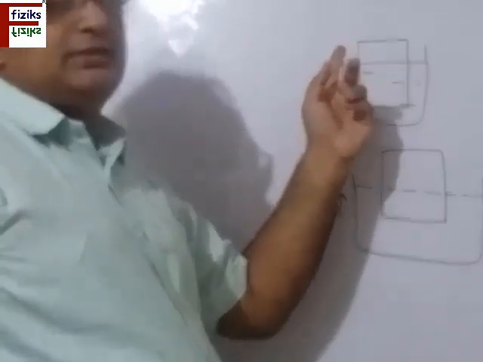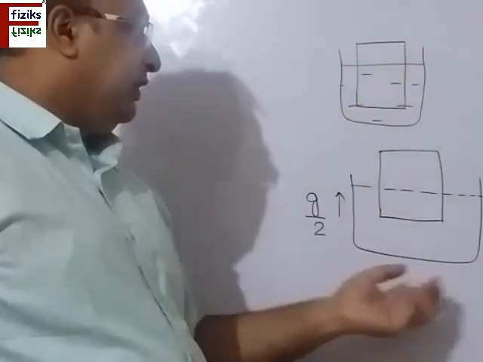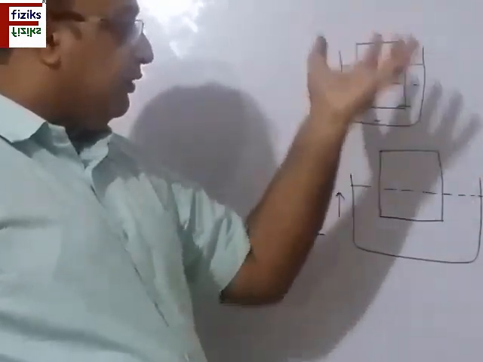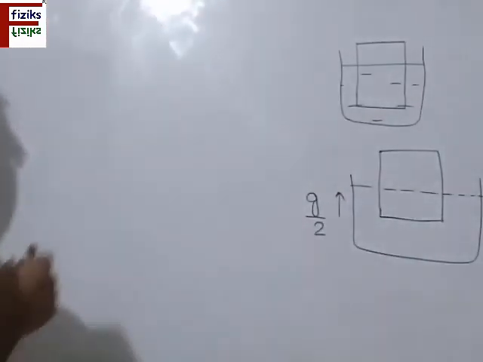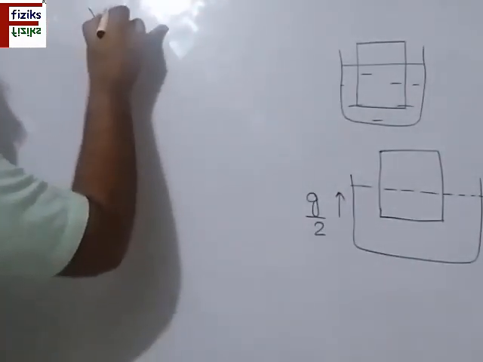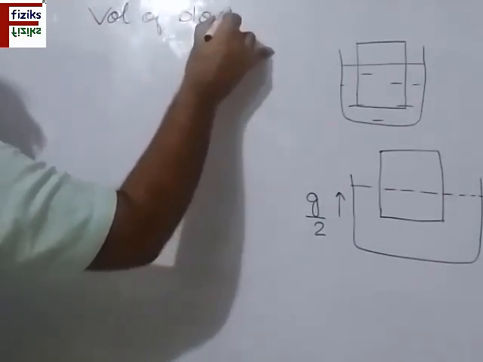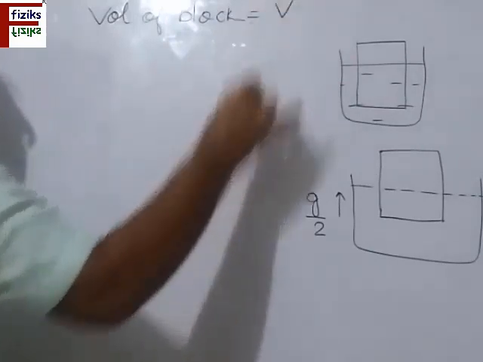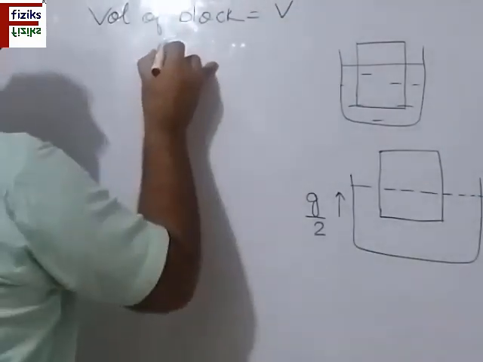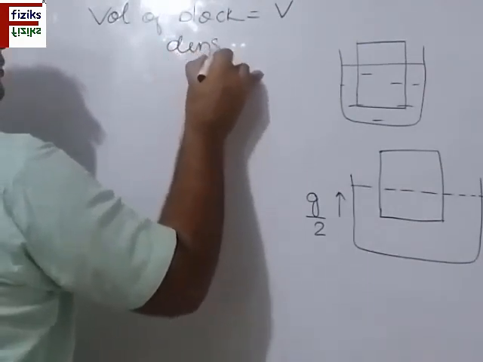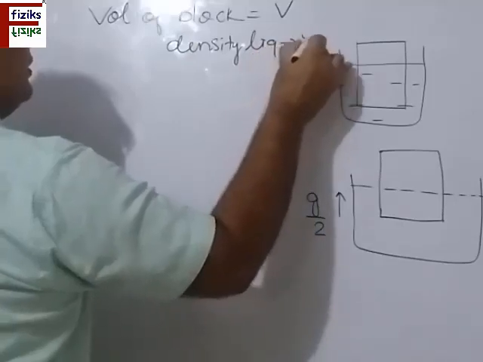So same mass kept in same water, in same container, is kept entire in a lift, and the lift is moving upwards. Here this is stationary system. So now let us take the volume of block equal to V, and density of liquid, that is water, is say rho m.